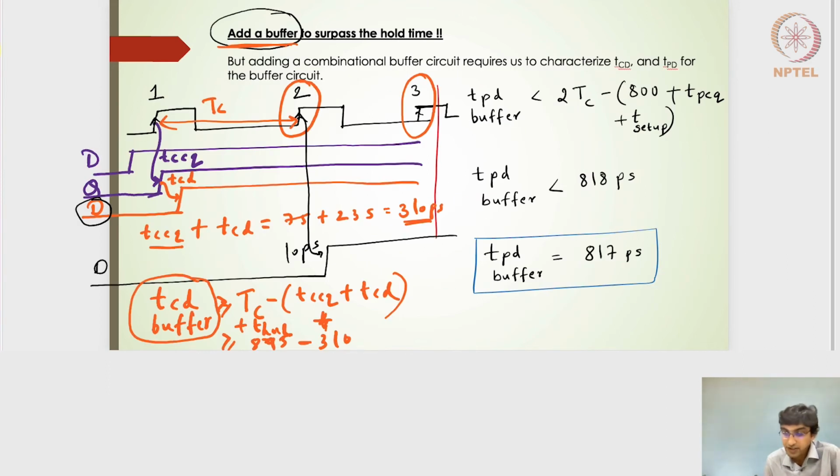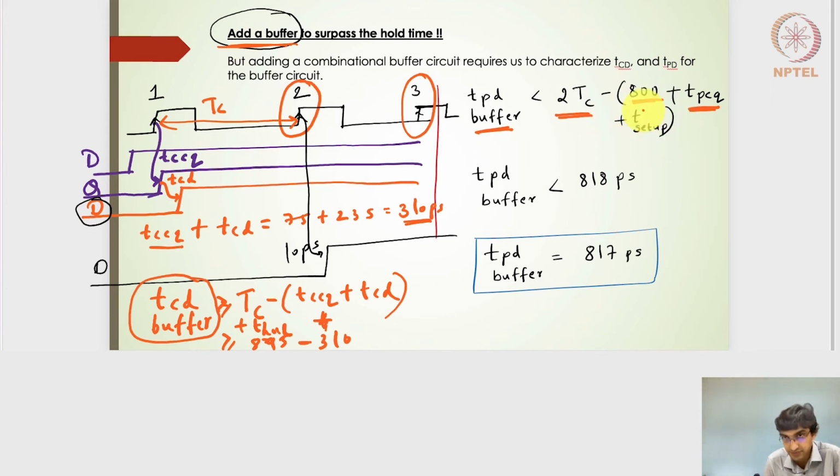So going back, the propagation delay of this buffer should be nothing but the first clock edge to the third clock edge, so twice the time period of the clock, minus the 800, which is the propagation delay of all the combinatorial blocks, minus TPCQ, that is the propagation from the first clock to the Q output of the flop, and minus the T setup for the third clock.